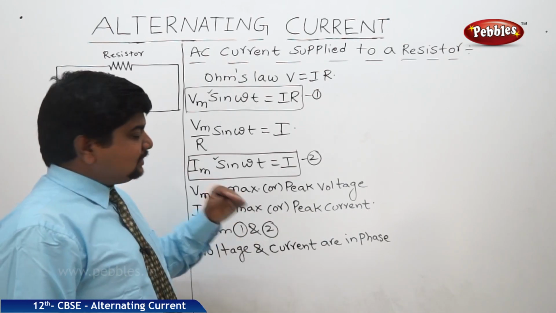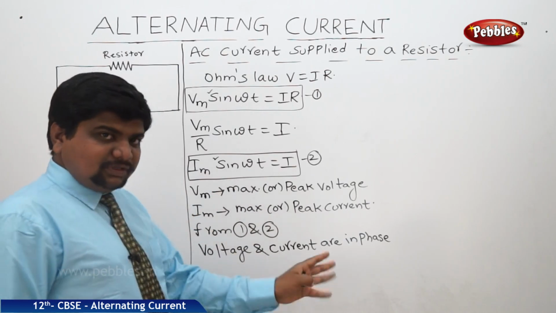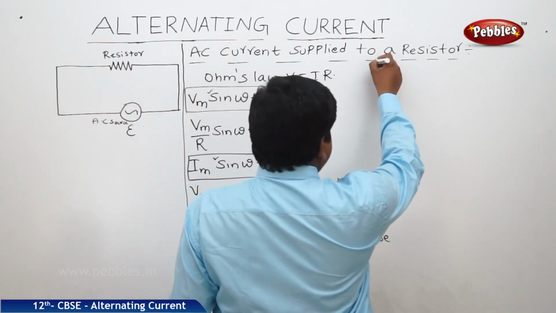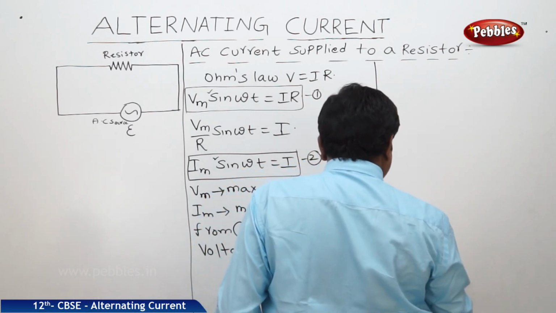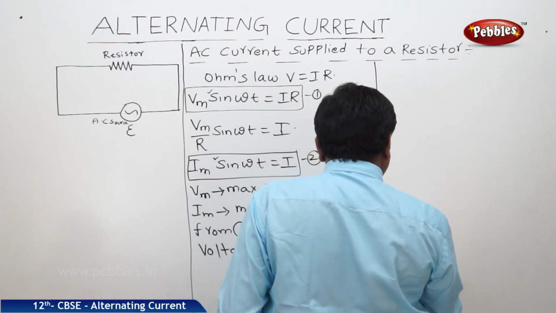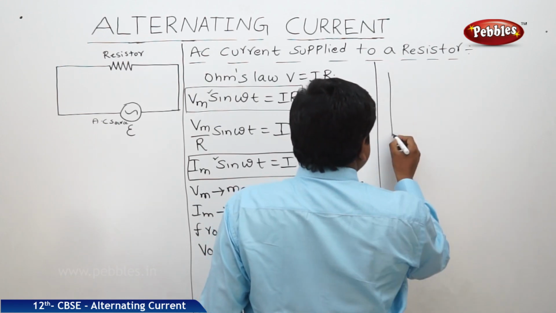The maximum current and the amplitude of the maximum voltage, when you draw with respect to the VI graph, the diagram is called phasor diagram. The graph will be like this.